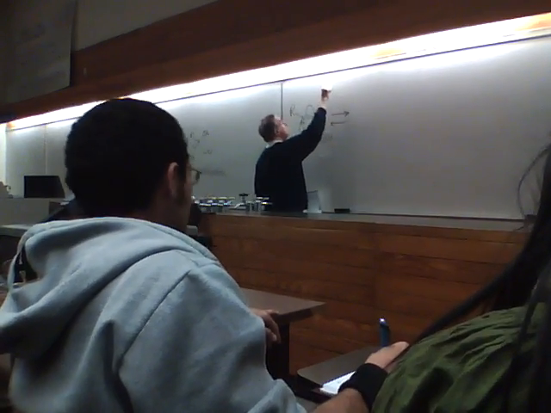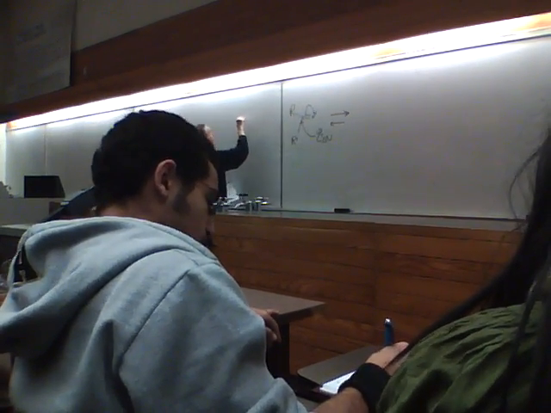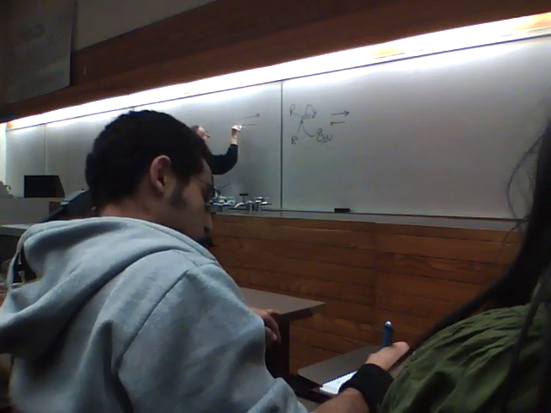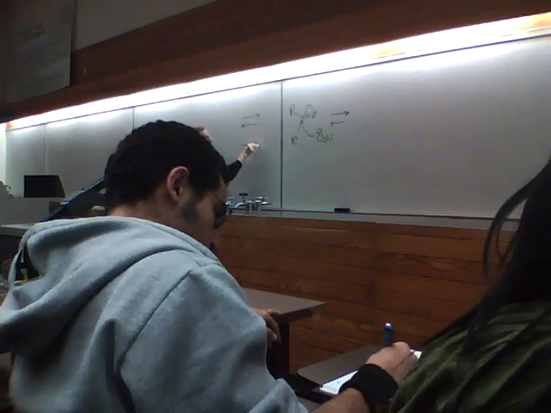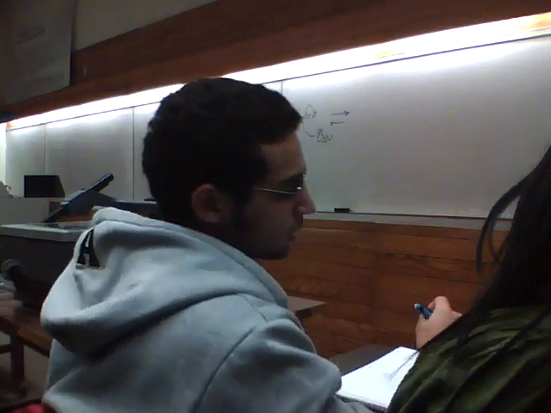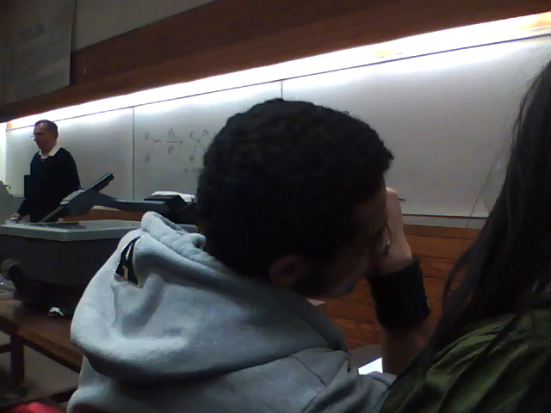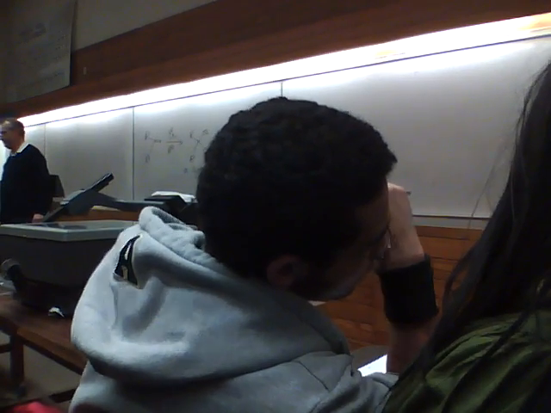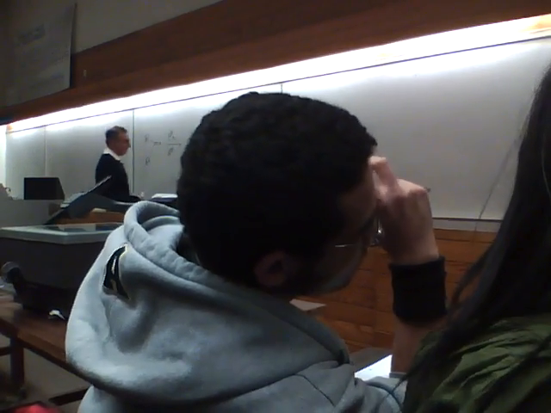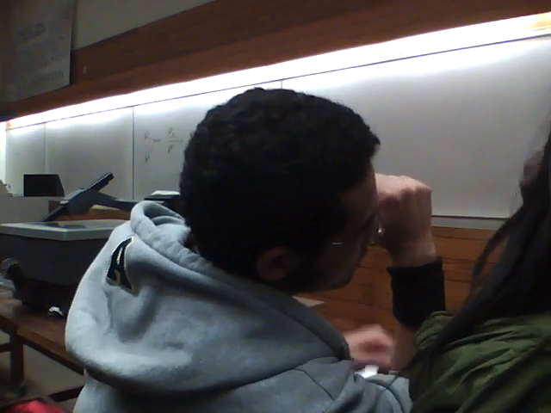Some of you have asked me what I mean when I sometimes write this and sometimes I write that. It's exactly the same thing. It depends just how I feel. It means it's an equilibrium. The reaction is reversible.